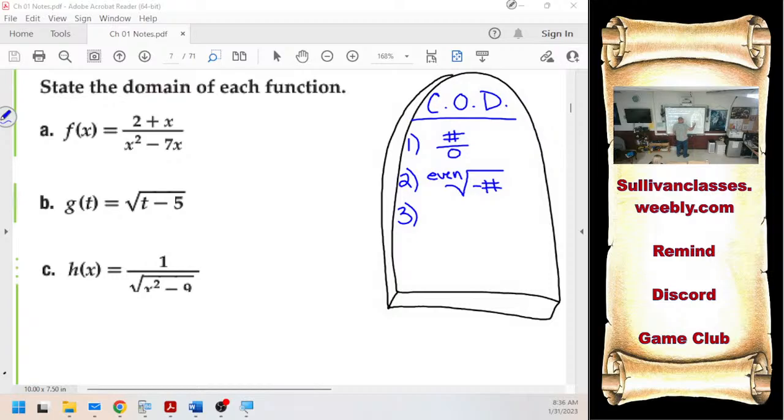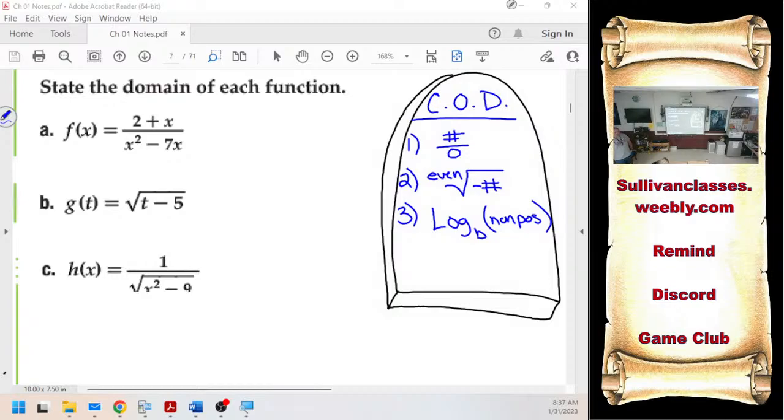Then we got round 3, and it was, thou shalt not take the log, any base, of a non-positive. I cannot take the log of a negative number. I can't take the log of 0. Doesn't matter what base I'm using. It's just not allowed. Anyone remember why?